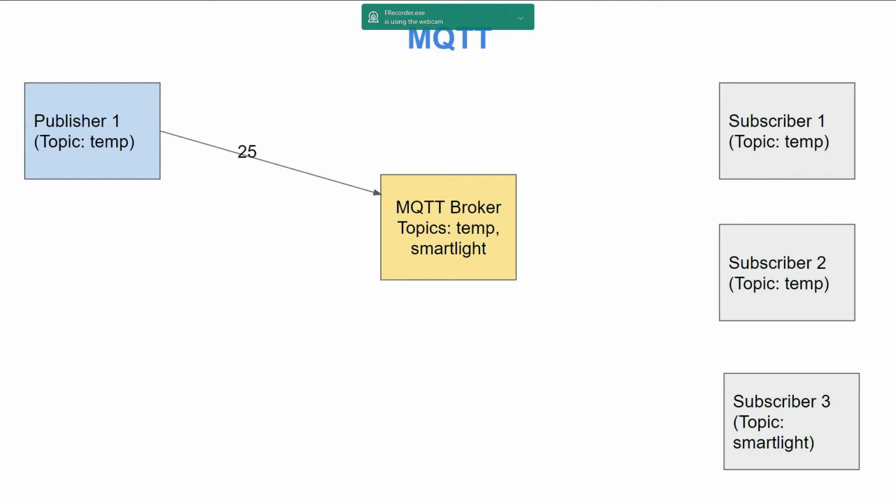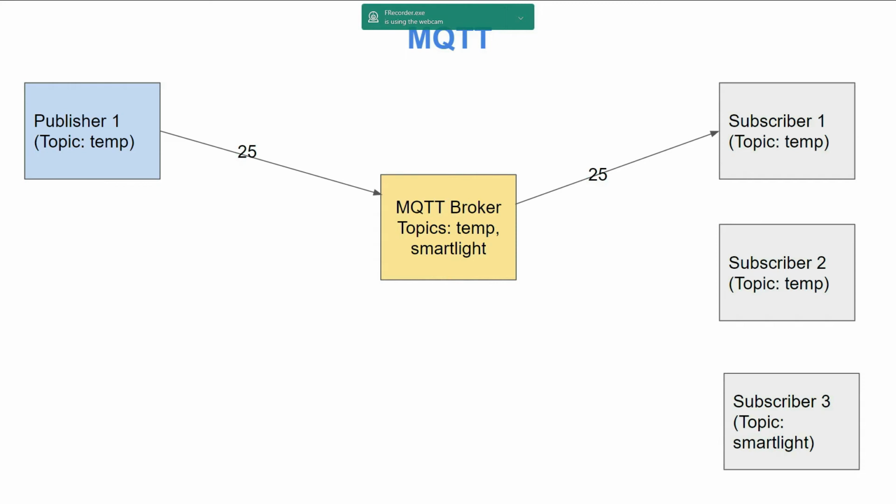So let's say publisher 1 publishes 25 as a temperature to the MQTT broker on the topic temp. What would happen as soon as there is a message on the topic temp? The MQTT broker will look for all the subscribers which have subscribed to the topic temp, and it will pass on the message to those subscribers.